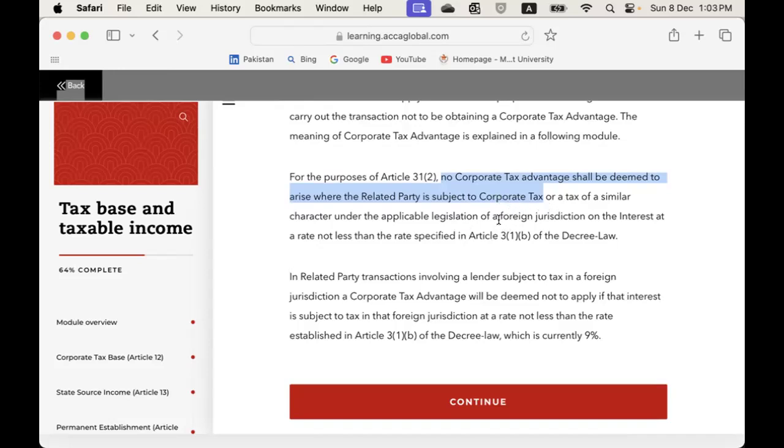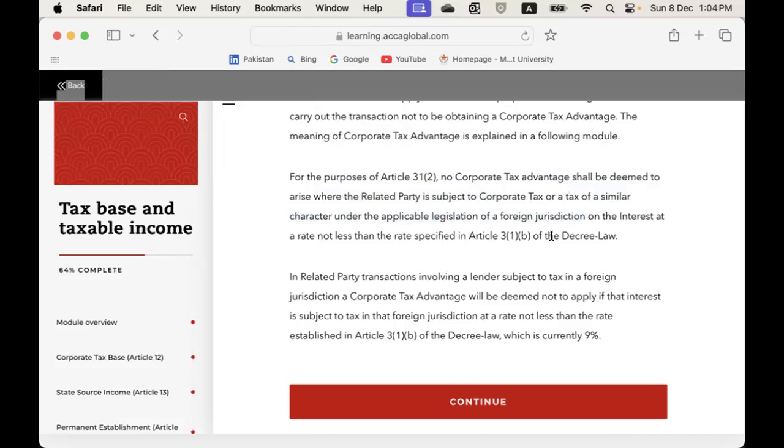And foreign jurisdiction is also the same, or a tax of a similar character under the applicable legislation of a foreign jurisdiction. I mean, the borrower or lender could be in a foreign jurisdiction also. So if this scenario is there, and in the other country a tax of similar nature, such as corporate tax, exists, then there are chances that it will not be seen as a corporate tax advantage.